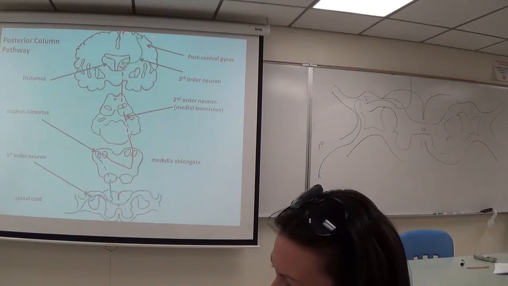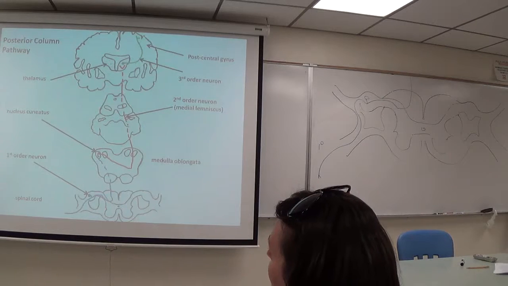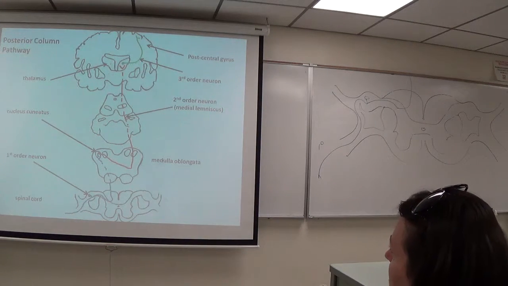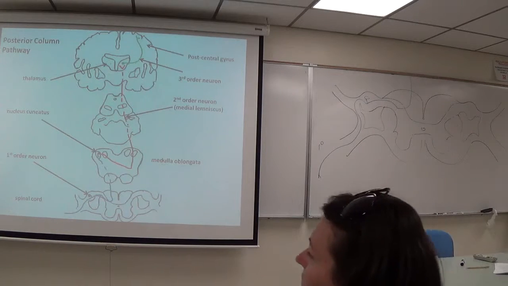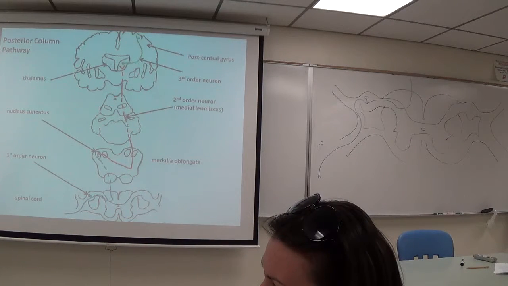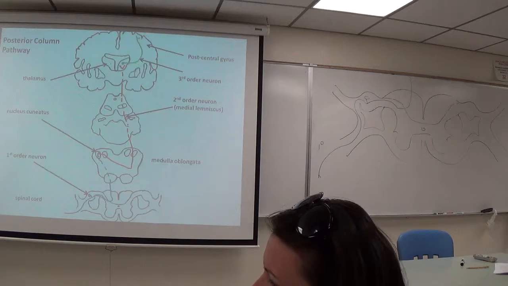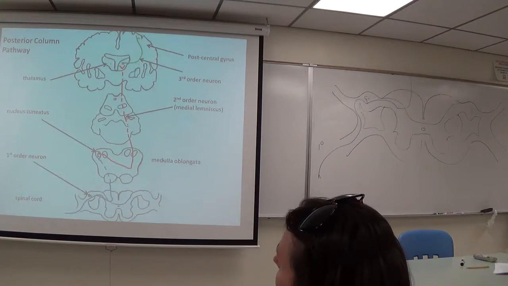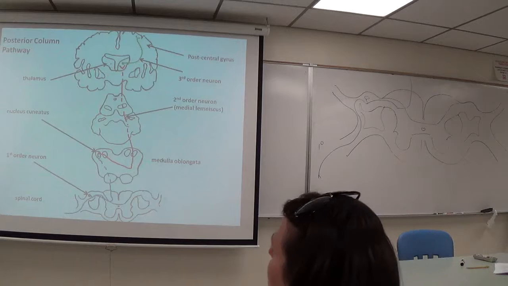If this is one of the three diagrams that I ask questions about on the lecture exam on Thursday, one question could be just to name the pathway, and I would have all the pathways listed. Another question could be whether this is a sensory or a motor pathway. How can you tell that this is a sensory pathway?